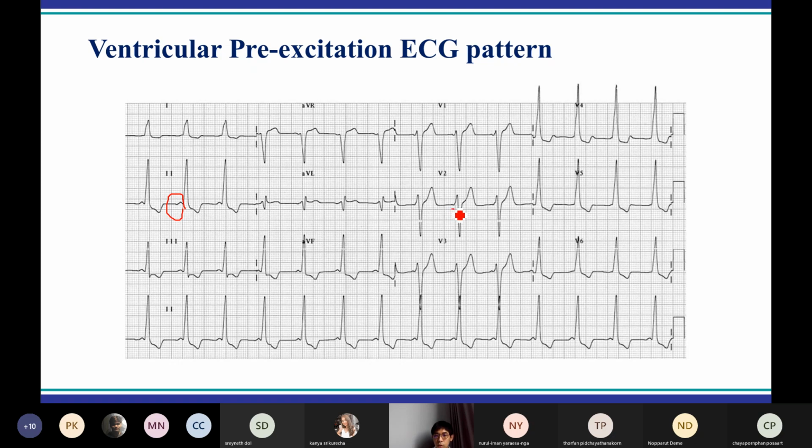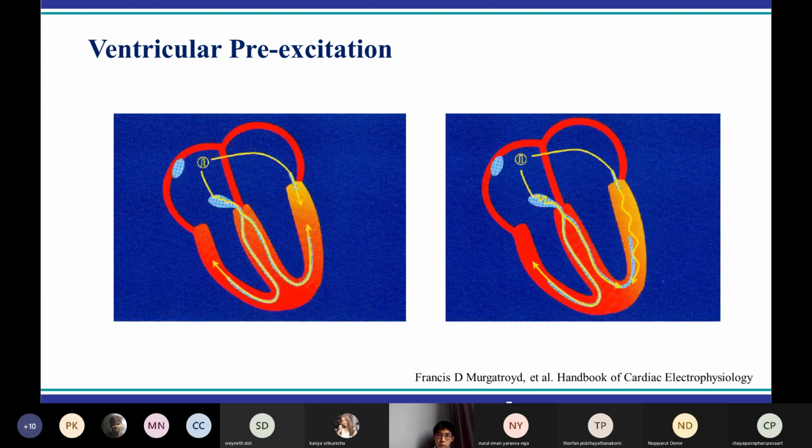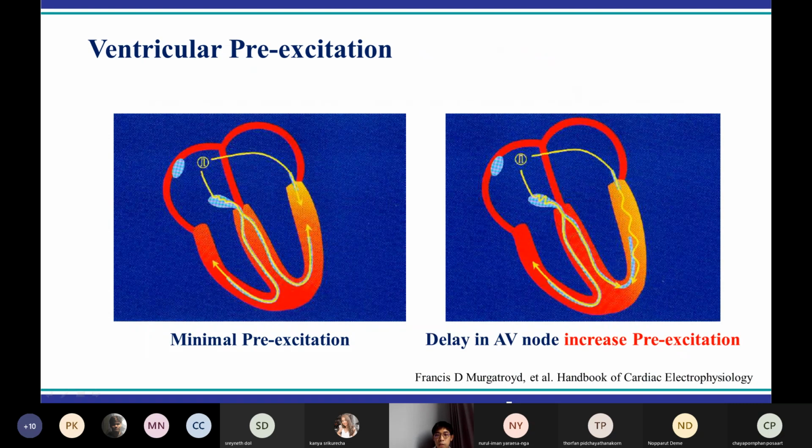You see that the QRS complex is slurred. And in this patient, the QRS was quite wide. It is around 120 milliseconds. Okay, so this is the ventricular pre-excitation.